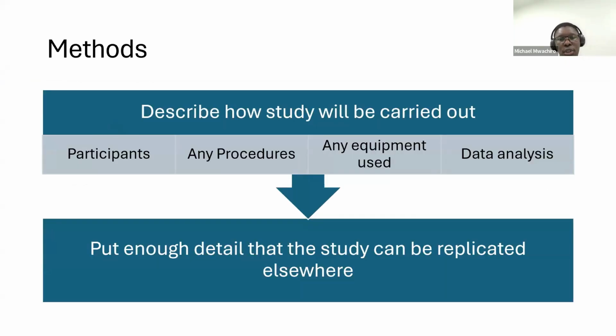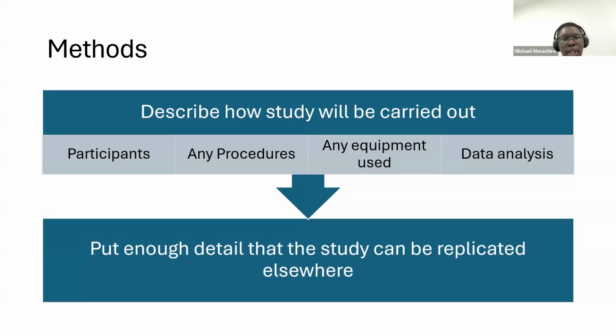And then the methodology section essentially describes how your study will be carried out. Here you list the hypothesis, what was the particular question you are trying to answer, who are the participants, if it's procedure specific, you describe them, describe the equipment, and then you describe how you analyze the data.